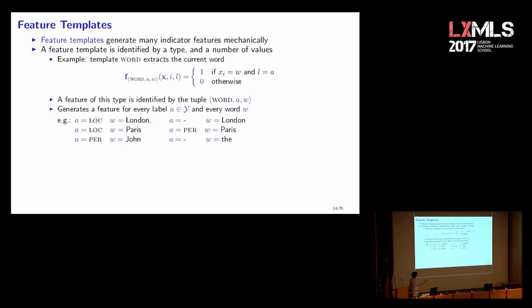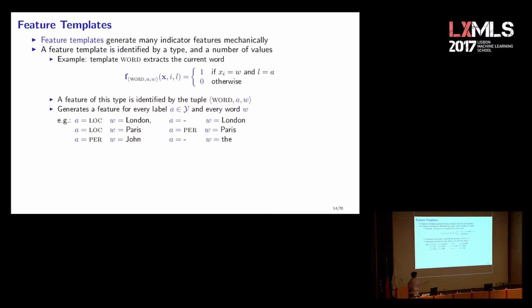This function says 1 if the current word is W, the W of the template, and the current label is A. So the identification of this dimension is given by the tuple of type, a certain label, and a certain word.